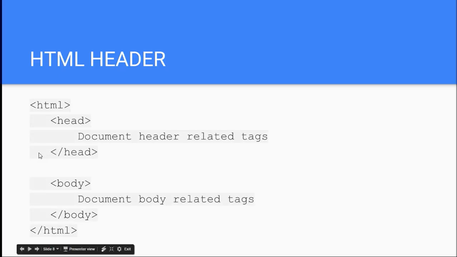HTML opens at the beginning and closes at the end, and the very next container inside the HTML container is head, and we close the head. One more container is body, and we close the body.